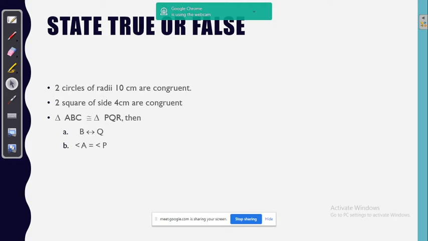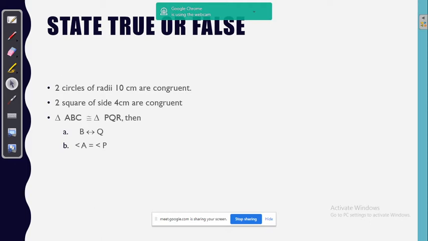So the vertex B corresponds to the vertex Q. That's the statement here. So yes, it's corresponding. State whether it is a true statement. Yeah, I got Ramya's true. Okay.